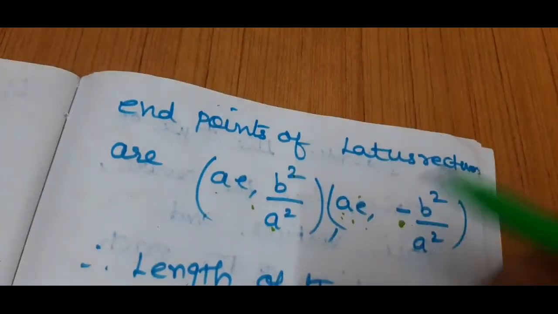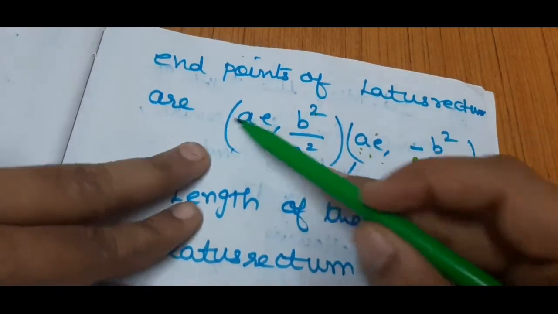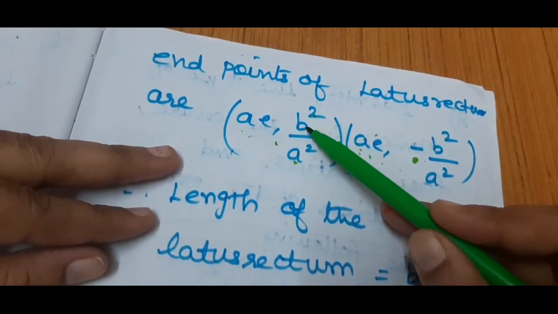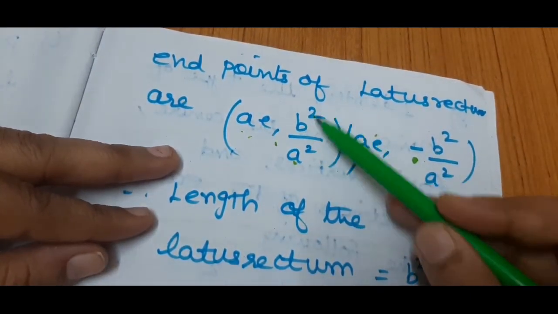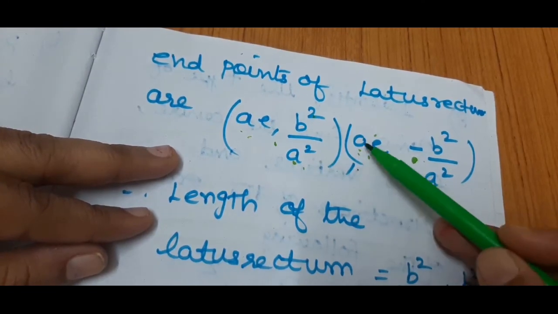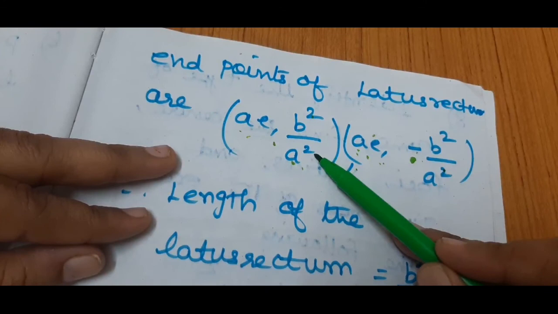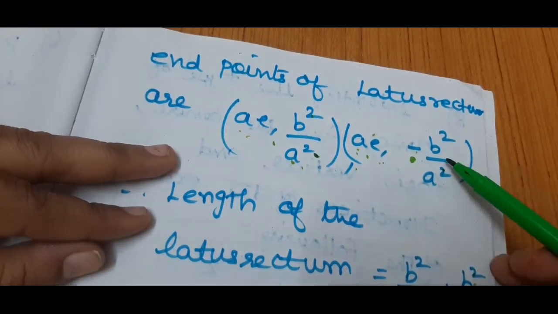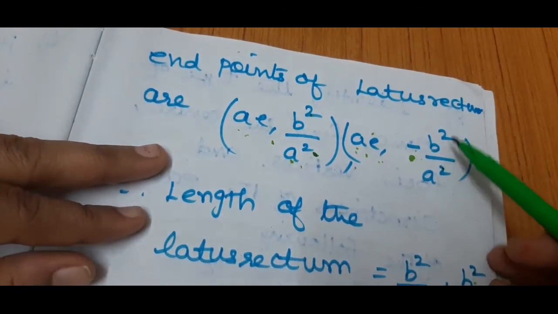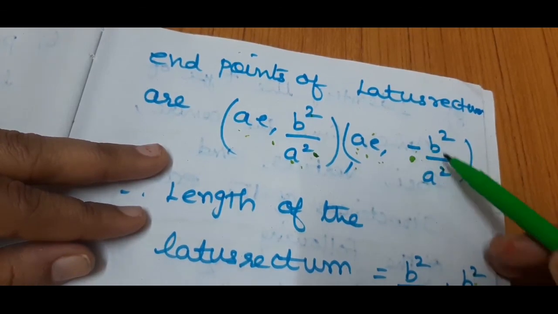Therefore the end points of the latus rectum are (ae, y1), where I found y1 as b square by a, and (ae, minus y1). That is (ae, b square by a) and (ae, minus b square by a).